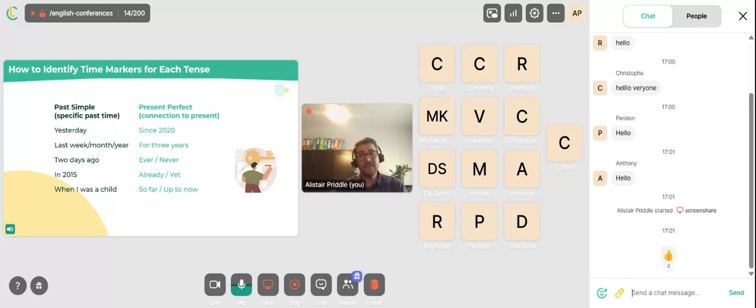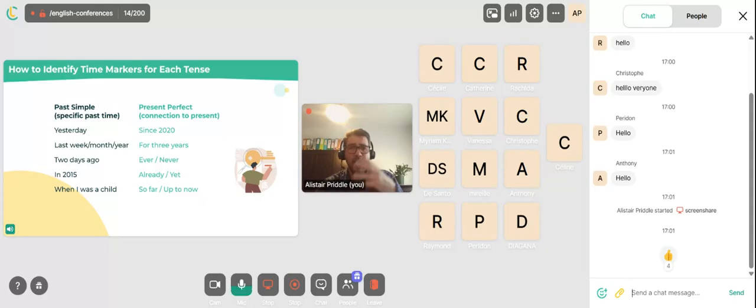And these, they show a connection from the past to the present. For example, since 2020, for 3 years, ever and never, already and yet, so far and up to now.